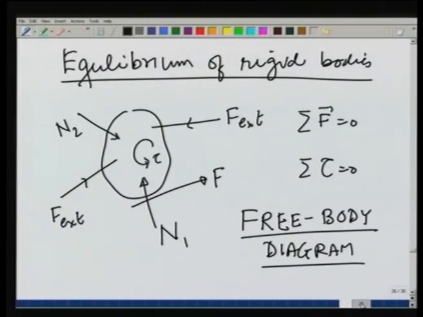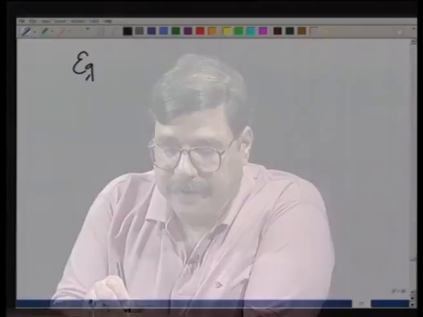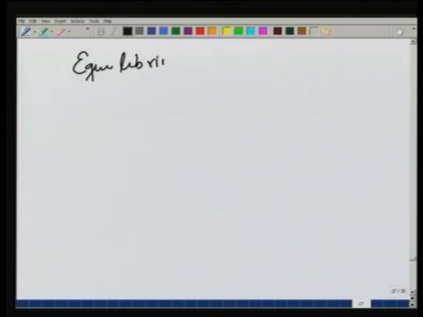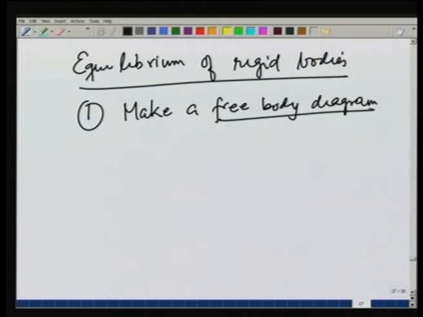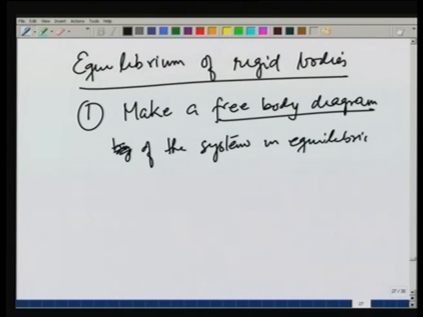So, in considering the equilibrium of a body, first thing we do is step number 1, make a free body diagram by isolating a diagram of the system in equilibrium, and 2, apply the conditions summation F is equal to 0 and summation tau is equal to 0 and solve it.